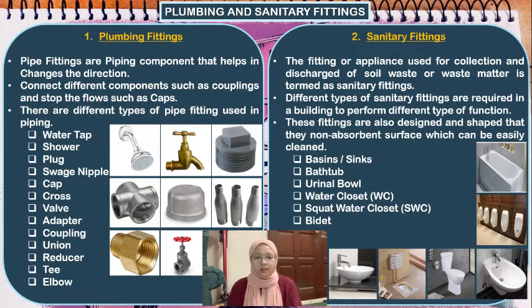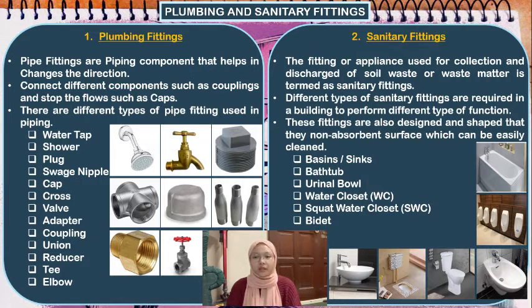There are different types of pipe fittings used in piping such as water tap, shower, plug, switch, nipple, cap, cross, valve, adapter, coupling, union, reducer, T and elbow. For sanitary fittings, the fittings or appliances used for collection and discharge of solid waste or waste matter are termed sanitary fittings.